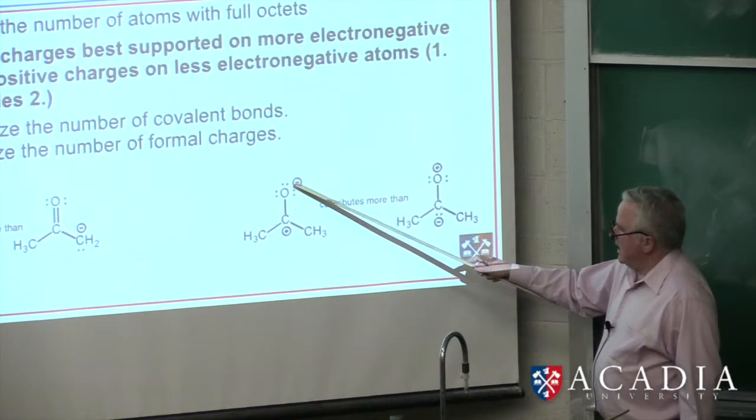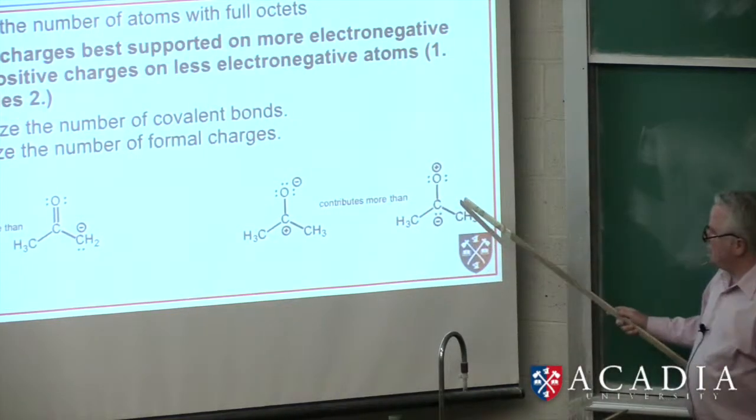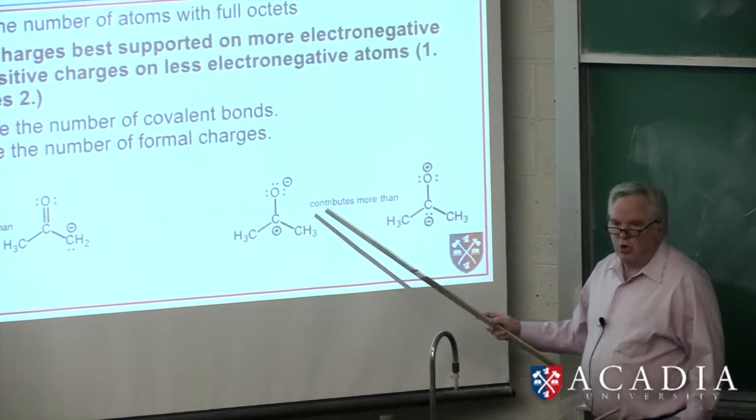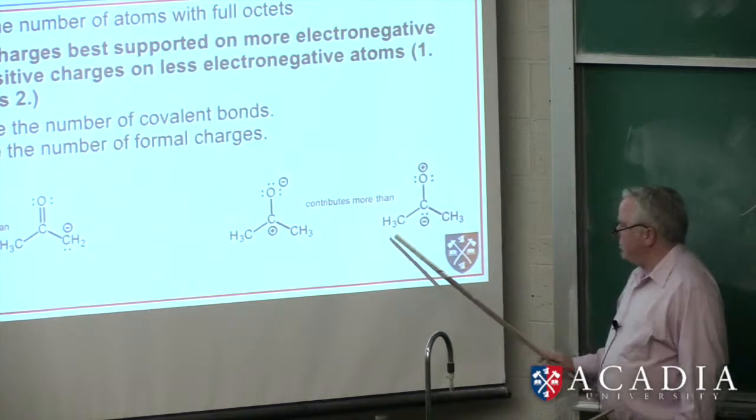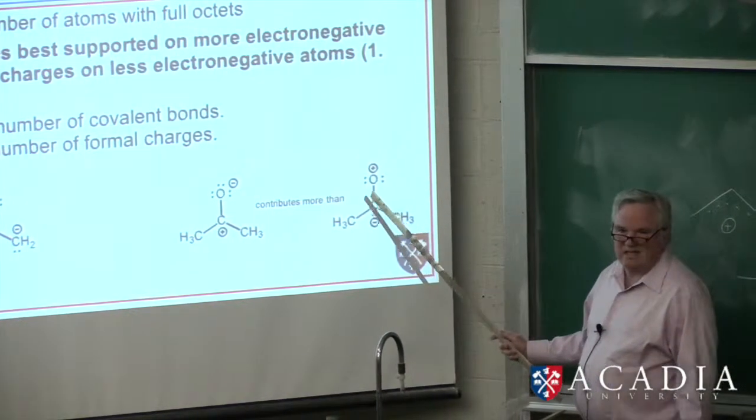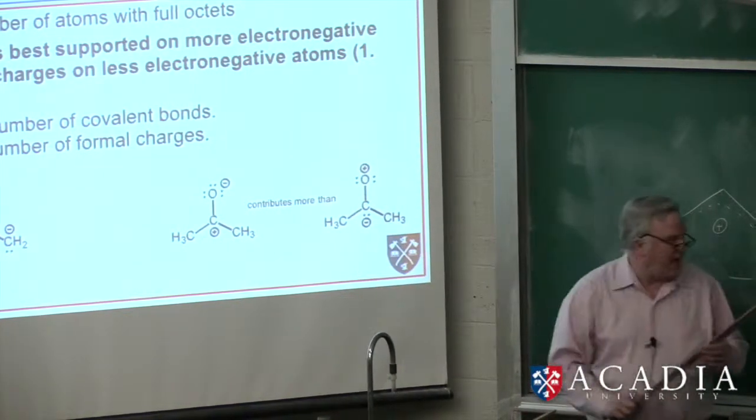And here we can see, we can draw resonance structures where we have a positive charge and a negative charge on our oxygen. In this resonance structure, we can just push our arrows and end up with this as a resonance structure. Notice these are resonance structures of acetone.